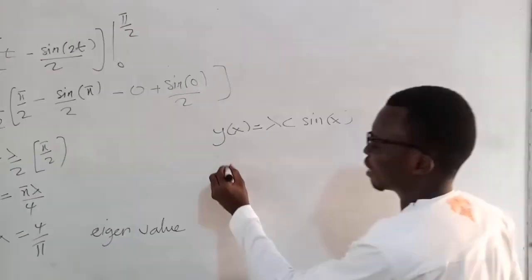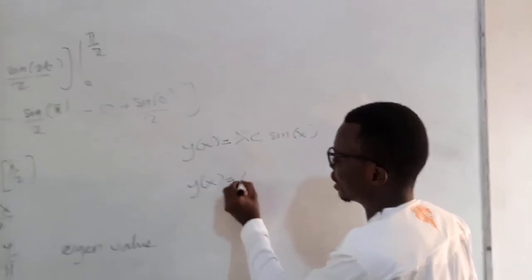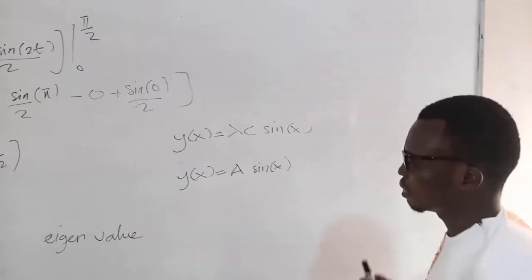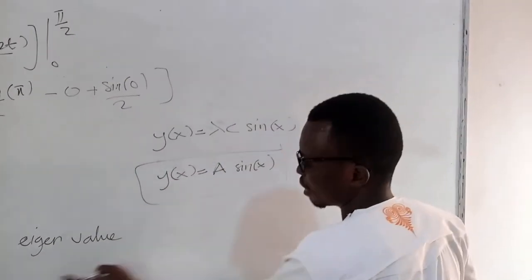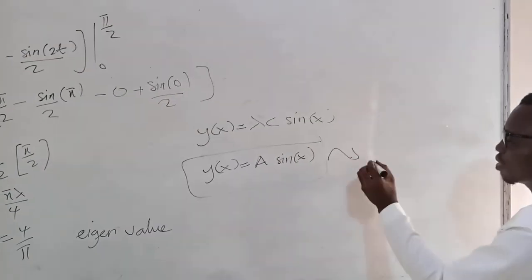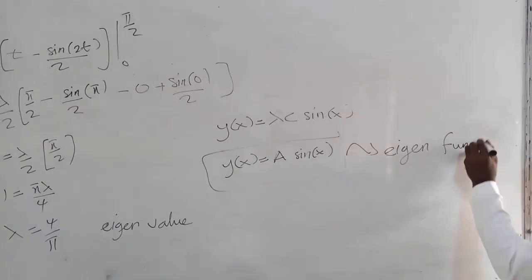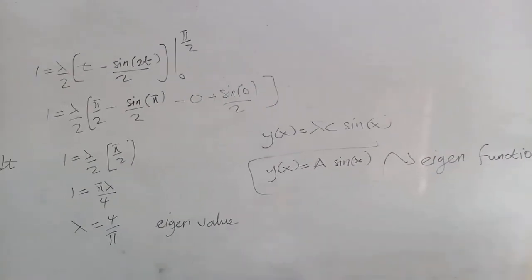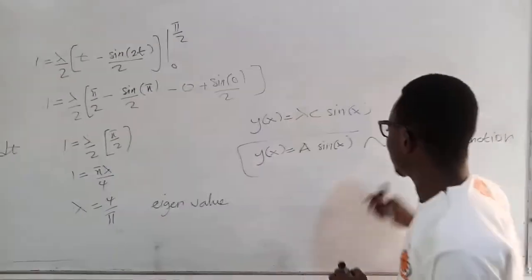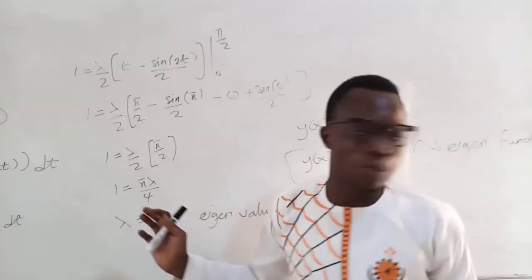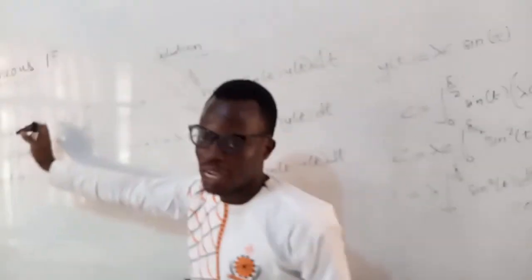You can represent it by another constant, let's say A, so we have A sine s. And so, solving for this eigenvalue, this becomes the eigenfunction, and it is a solution to this integral equation.